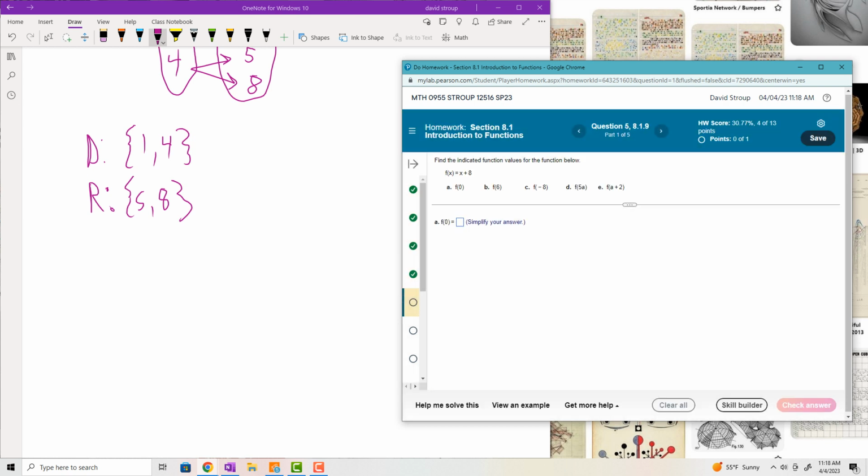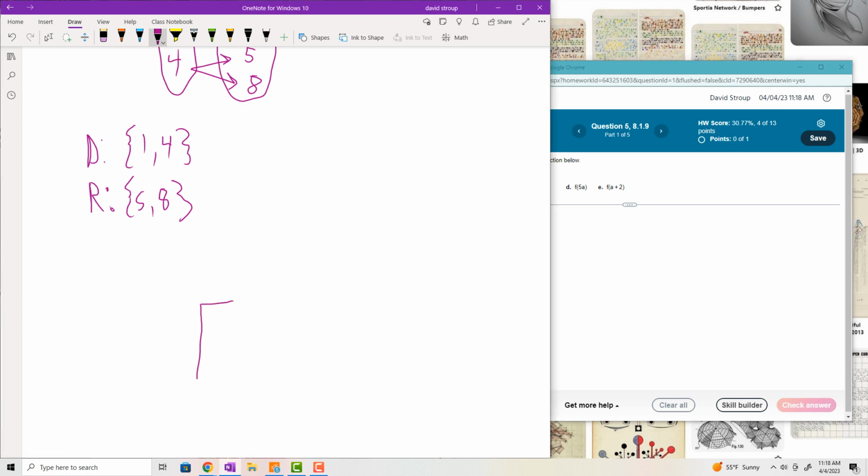Now we're dealing with functional notation. So you could think of a function as kind of a magical machine. The function's name is f. And then you're inputting x values into this machine, and you're getting out the y values, which are basically the result of putting x into the machine.